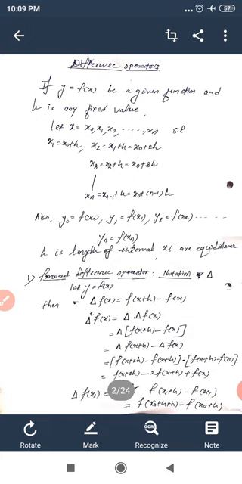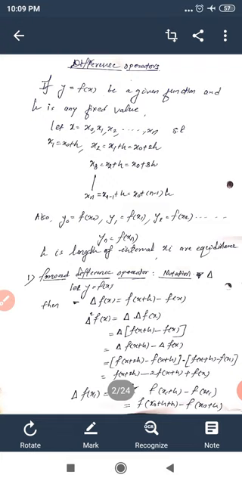If y is equal to f of x, we have a given function and h is any fixed value. h is the length of the interval. Let x equal x0, x1, x2, x3, up to xn such that x1 equals x0 plus h.